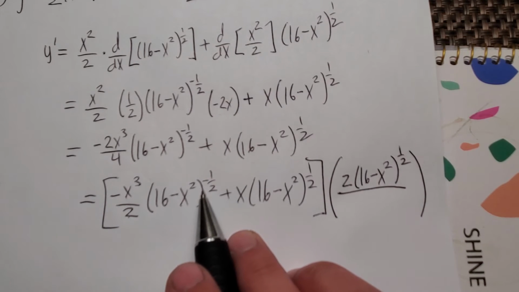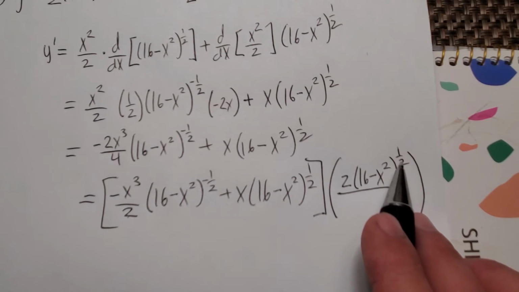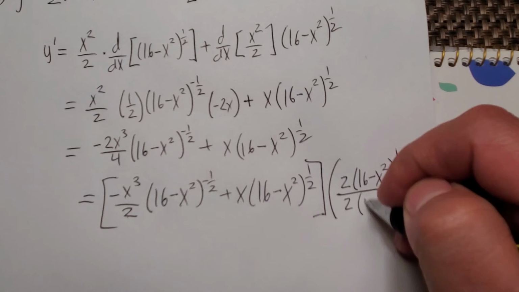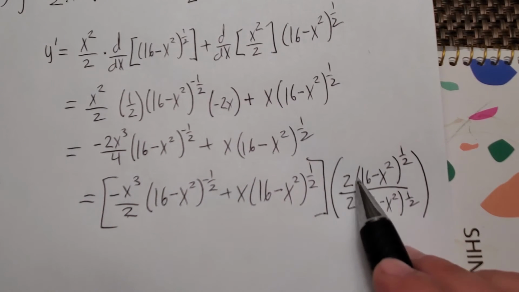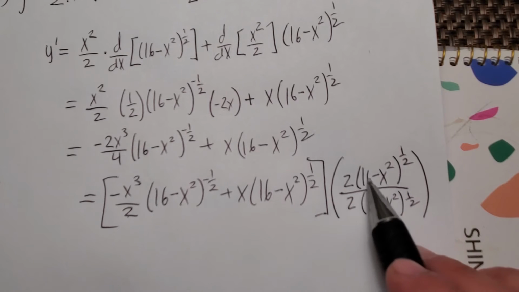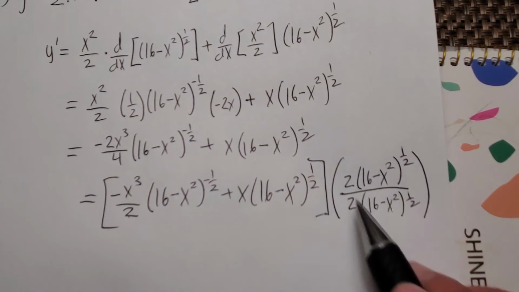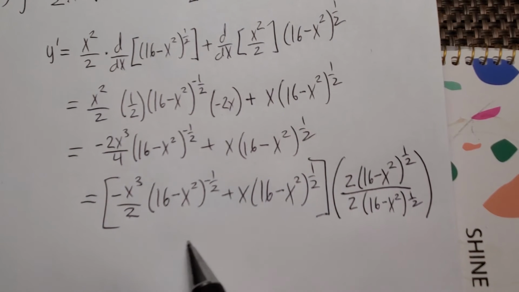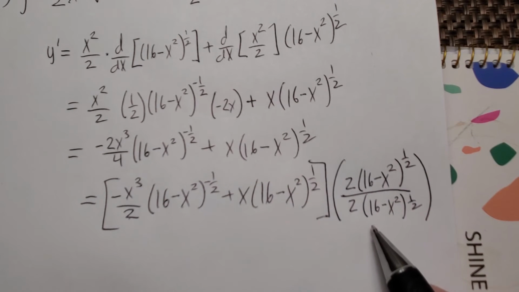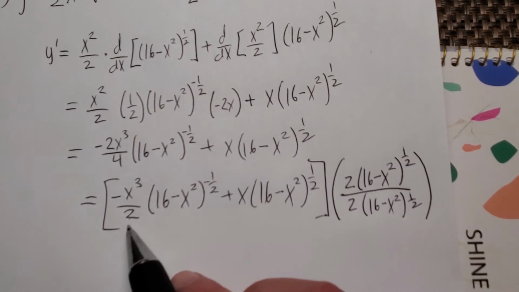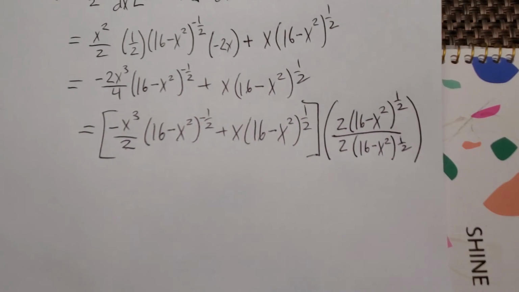Because this is to the minus 1/2, I know I'm going to have to multiply by this to the positive 1/2 over itself. We have to multiply by this over itself, because essentially this is just multiplying by 1, which does not change our function. So this is going to be the magic factor that we use to simplify most of this stuff. Let's see how that works.